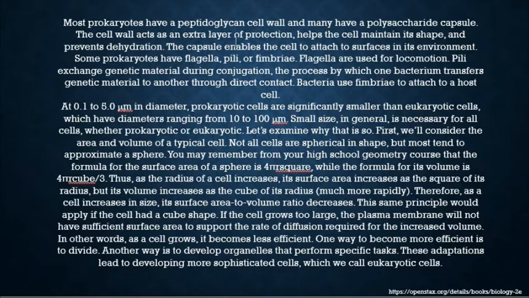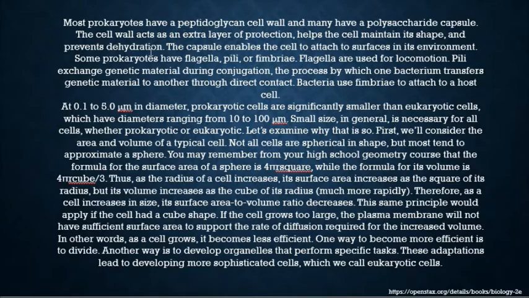So, most prokaryotes also have a peptidoglycan cell wall, and many have a polysaccharide capsule. This polysaccharide capsule is very important for some pathogens, because it protects them from antibiotics, and even if we take antibiotics, it doesn't kill the bacteria. The cell wall also acts as an extra layer of protection and helps the cell maintain its shape.